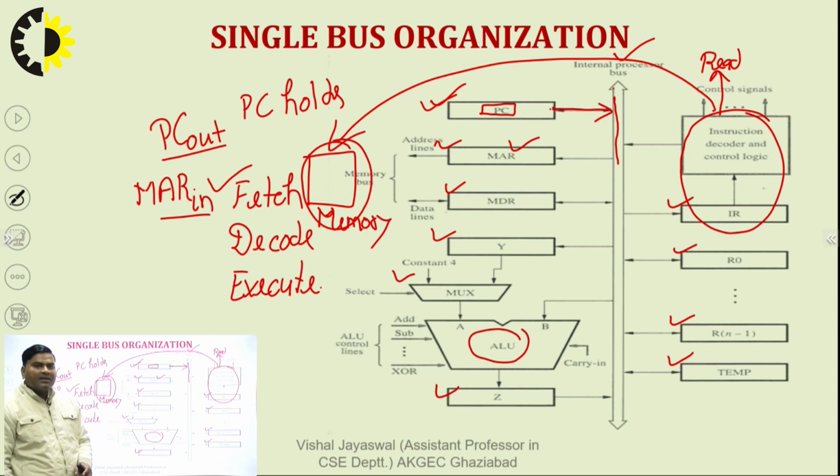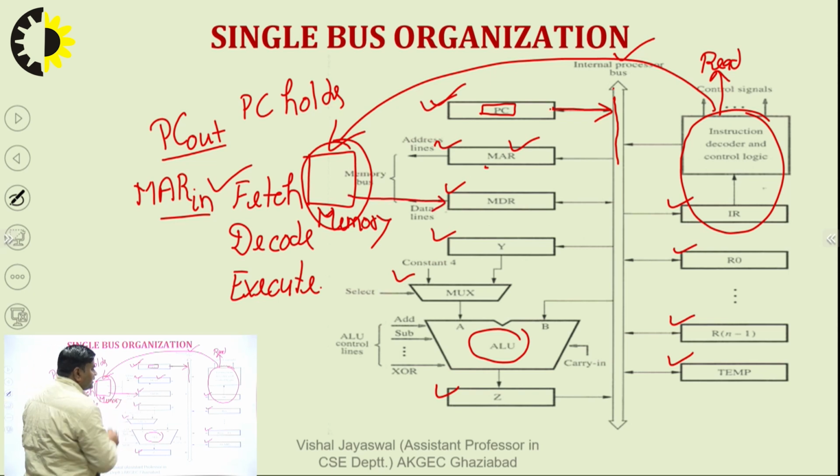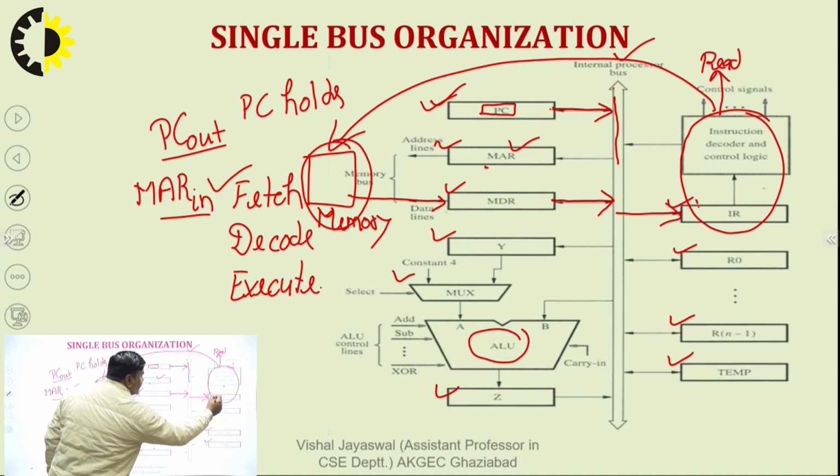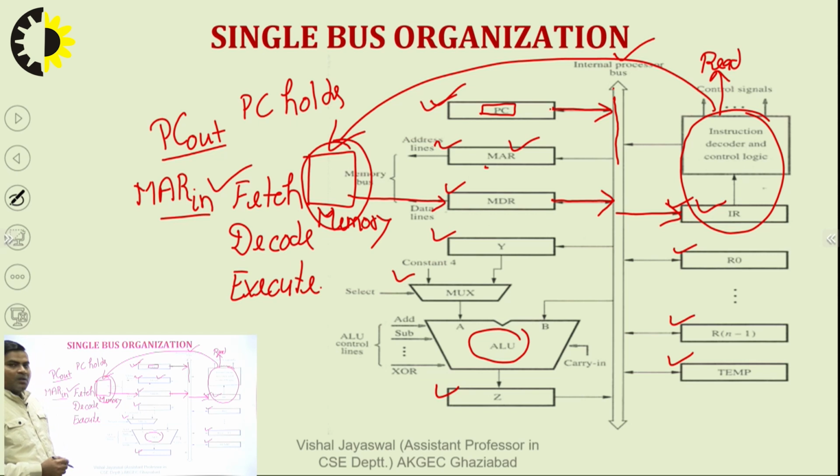The read command is issued from the control unit to the main memory, and since the address of the instruction is already placed in the MAR, the instruction is read from the memory and goes to the MDR, that is the memory data register. After that the instruction goes on the internal processor bus, and then to the instruction register, that is IR. Then the fetch phase is complete.